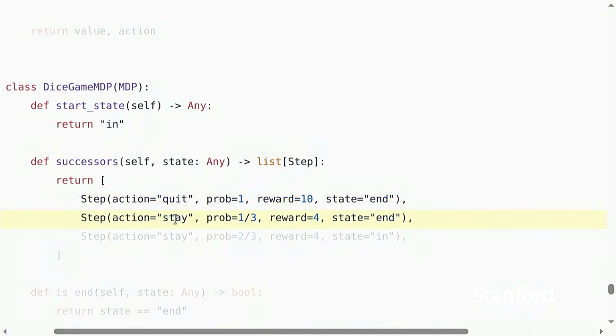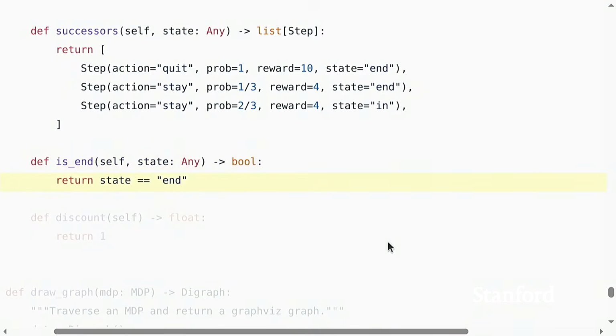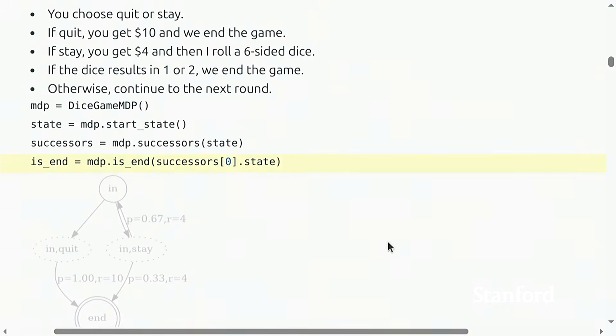If I decide to stay, then with probability 1/3, which is the dice coming up 1 or 2, I pick up $4 and I head out the door. But with probability 2/3, I pick up $4 and I get to stay in the game. So this is just formally writing down the game. And isEnd is, as you might imagine, just a test whether the state is equal to the end state. There's only two states in this game, in this MDP.